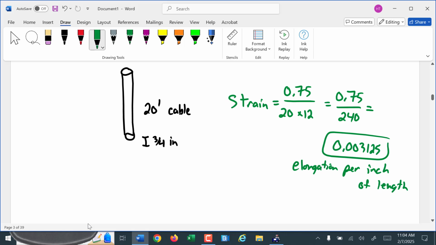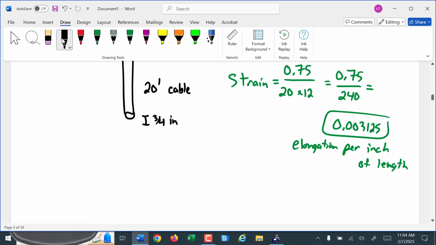So we can use that. If we're going to use a longer cable but support the same weight, let's say we need to swap that out and we're now going to use a 35-foot cable. We need to know, for the same load, how much that cable is going to stretch.